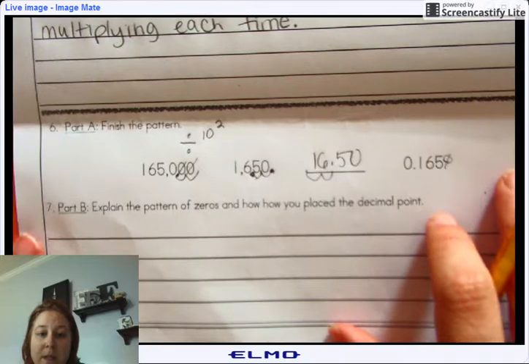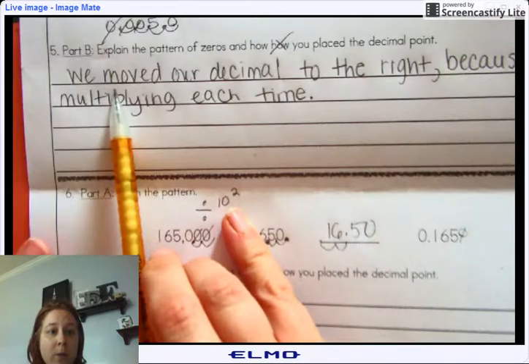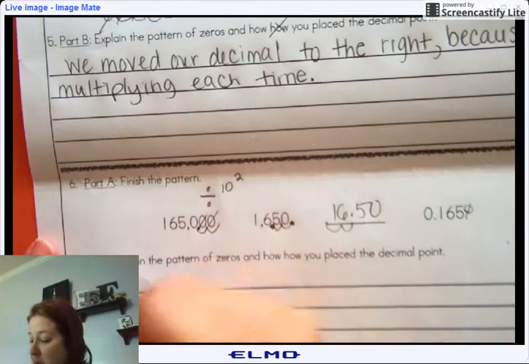And explain the pattern of zeros and how you place the decimal. So just like up here, we can start off the same way.